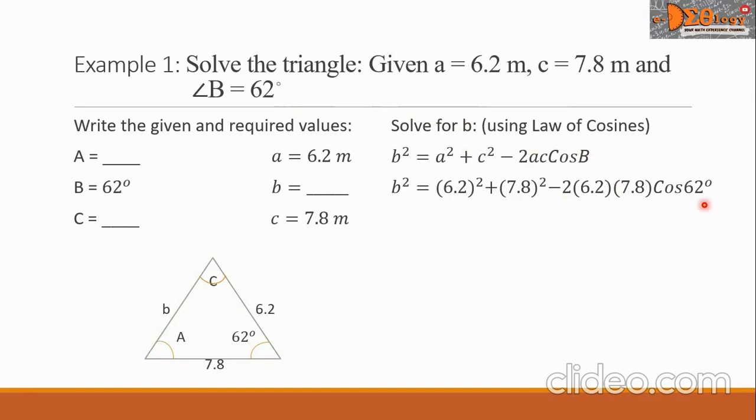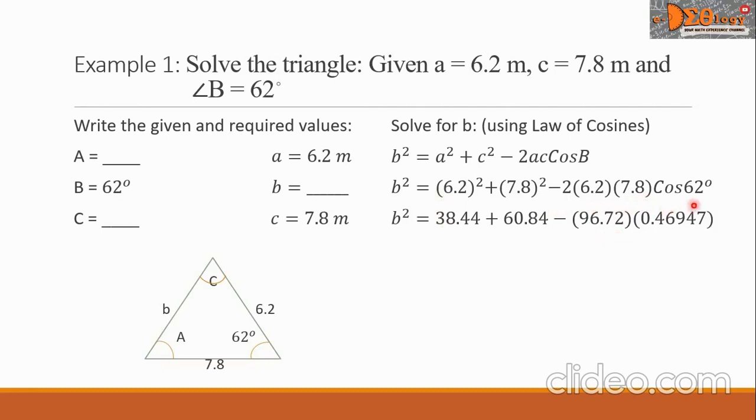Let us simplify further. 6.2 squared is 38.44 plus 7.8 squared is 60.84 minus, let us get the product of these three numbers. 2 times 6.2 times 7.8 is 96.72.